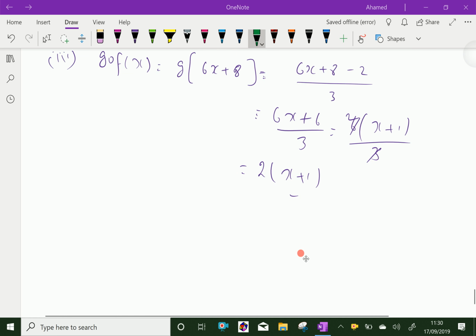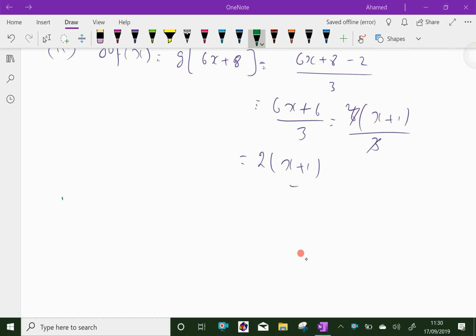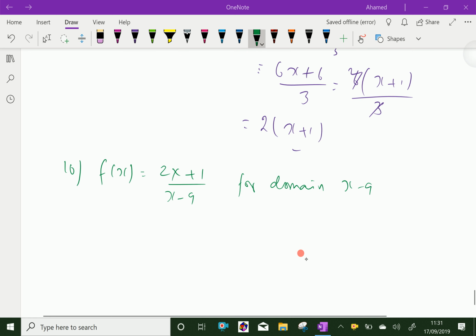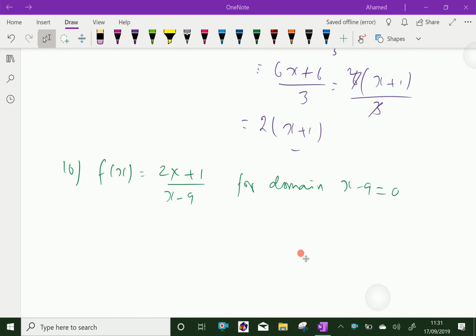Now, question number 10. Here, f of x equals 2x plus 1 over x minus 9. Here, for the domain, x minus 9 equals 0, therefore x equals 9.